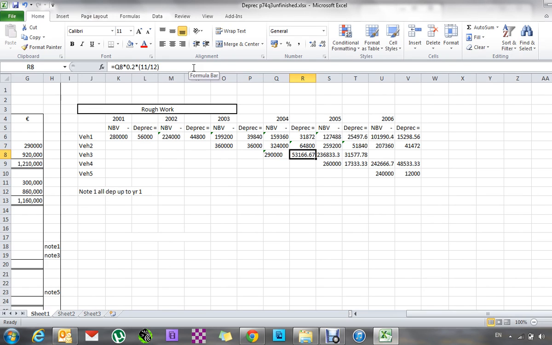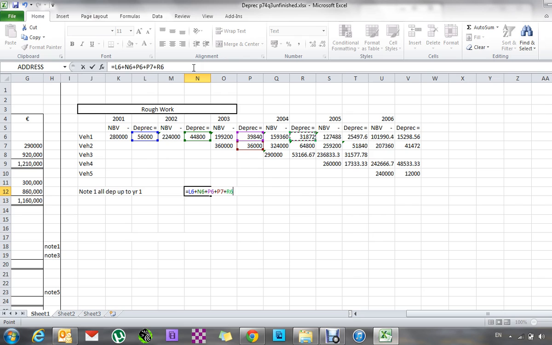That's all at the beginning of year 1. So I'm just going to choose all of them: that number plus that number plus that number plus that number, and then the depreciations that happened in 04, that number, and that. So all of those there, all the depreciation.